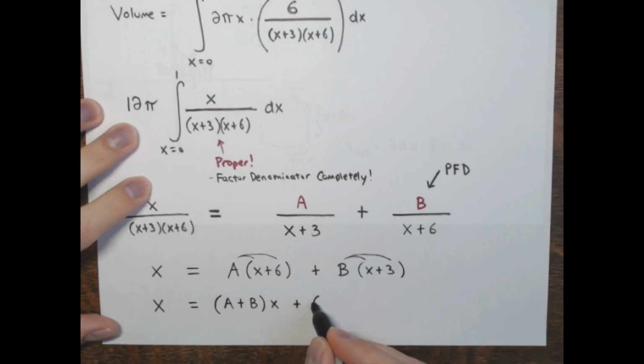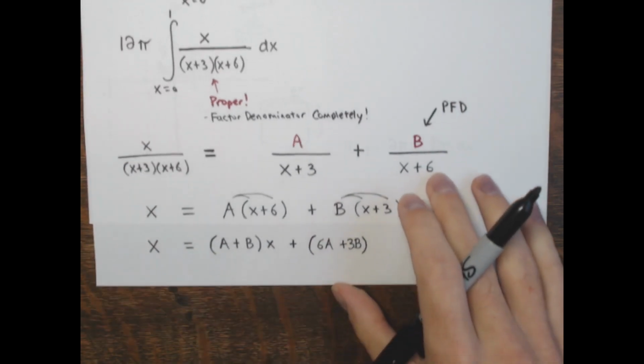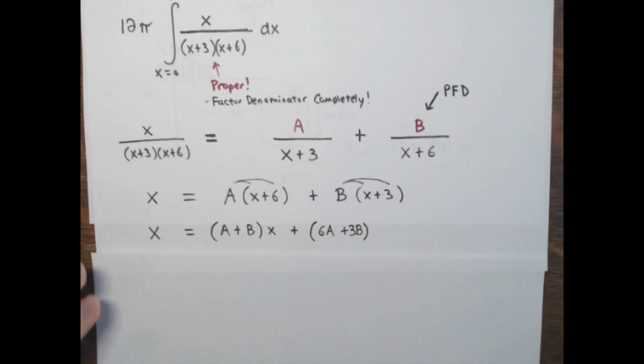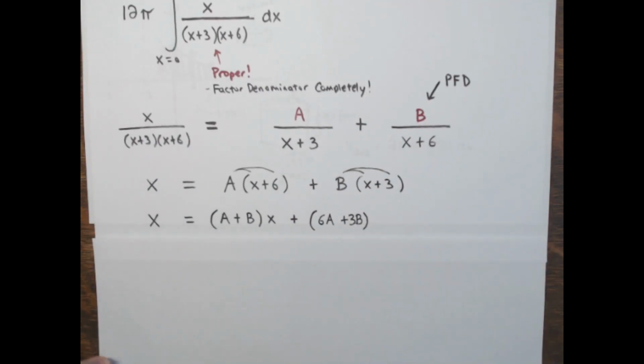And then the constant term, you have 6a plus 3b. 6a plus 3b would be the constant term. Now, if I equate these coefficients, I'll get a pretty small system, right? There'd be only two equations. There's only two variables here.